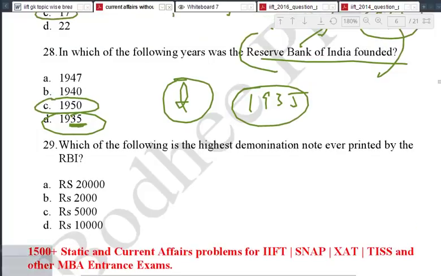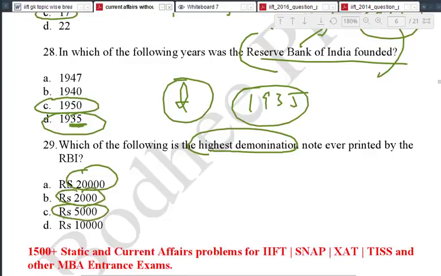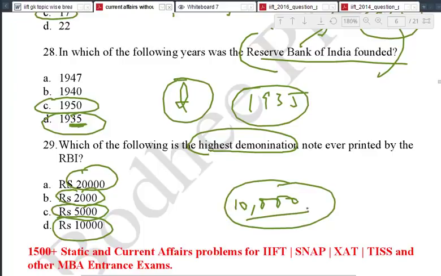This is a very interesting question. Which of the following is the highest denomination note ever printed by the RBI? 20,000, 2,000, 5,000 and 10,000. 10,000 is the answer. 10,000 is the highest denomination note printed by the RBI.